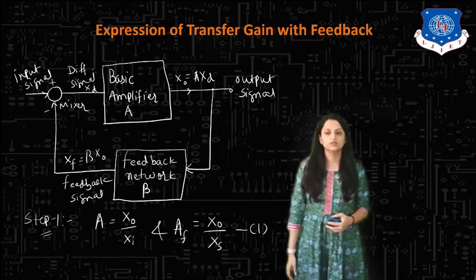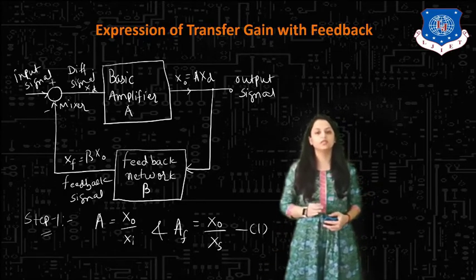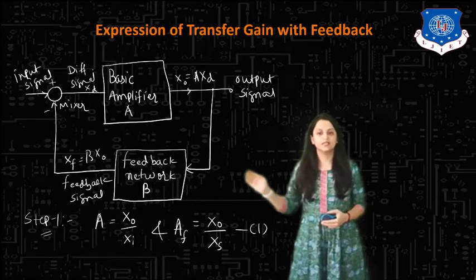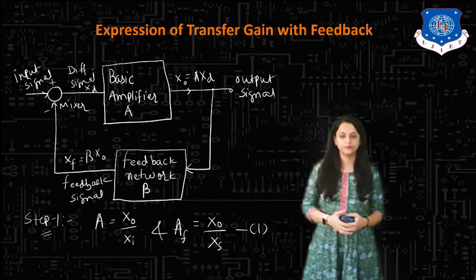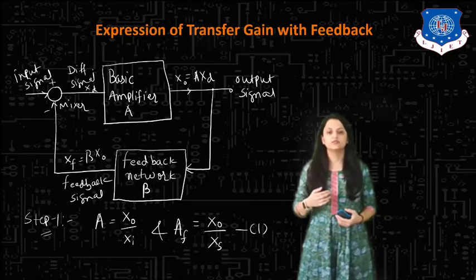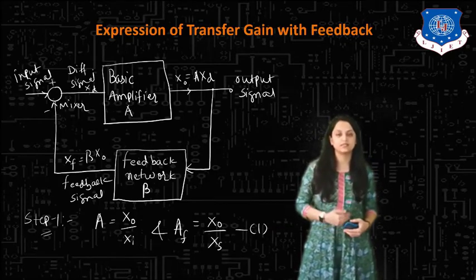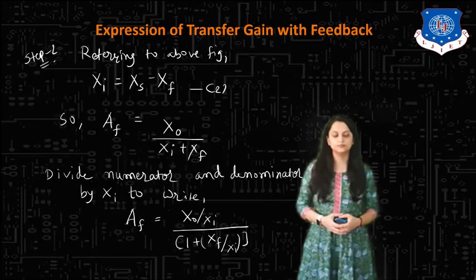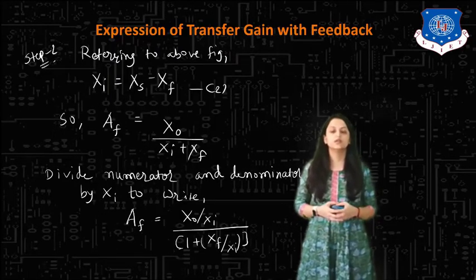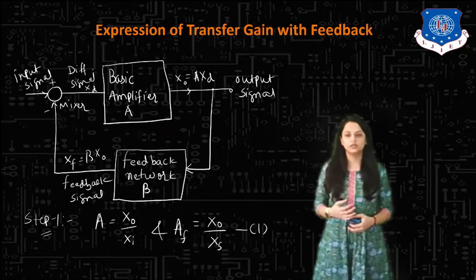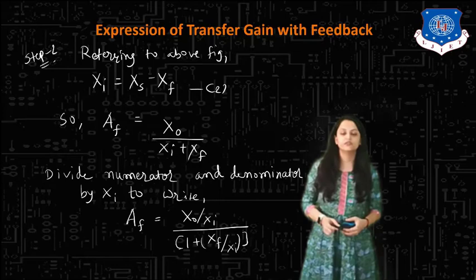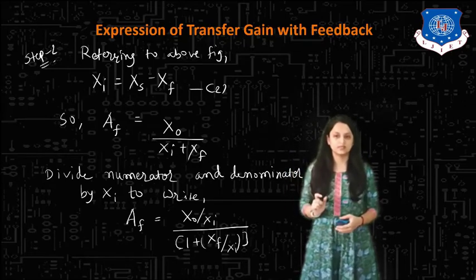So here, step 1 is to obtain the amplifier gain, which is given as XO by Xi, that is output by input, and AF, that is feedback gain, which is XO by XS, that is output by source. If we refer to the figure, we can say that Xi, that is input, is the difference of the source XS minus XF.